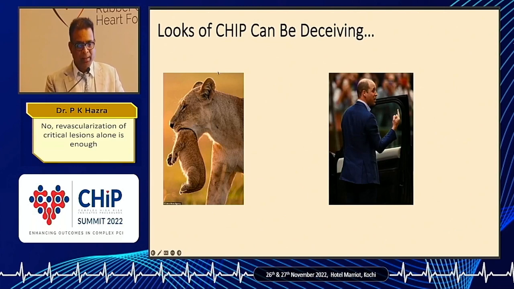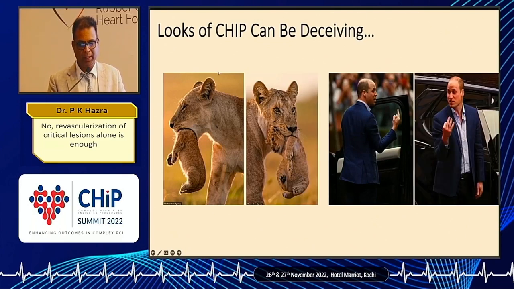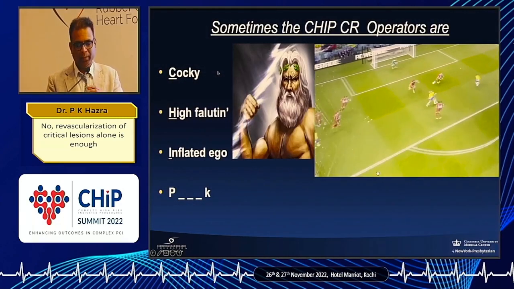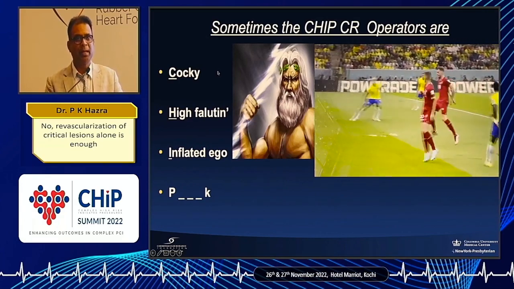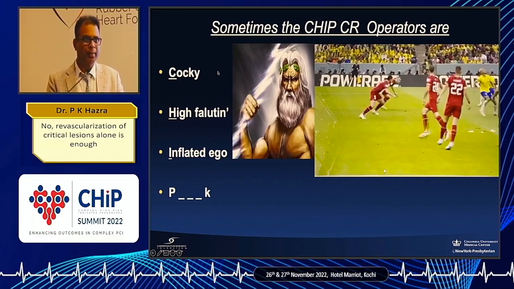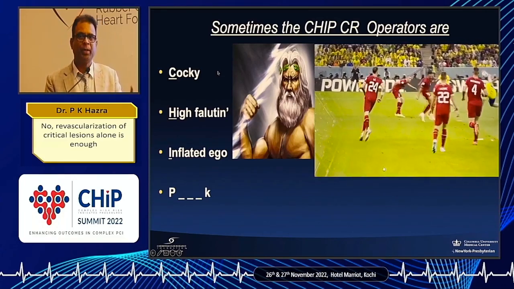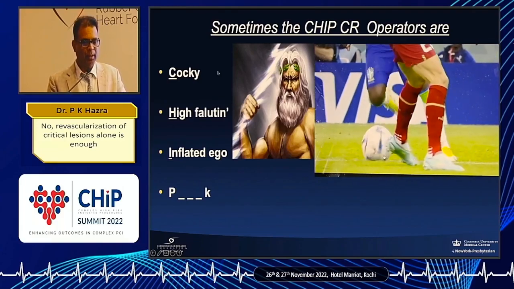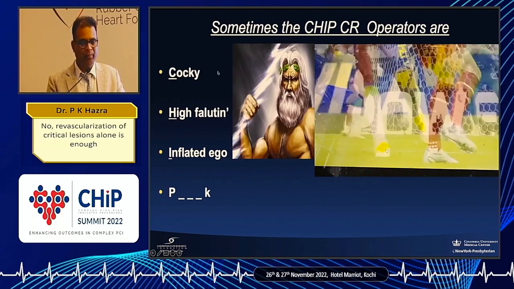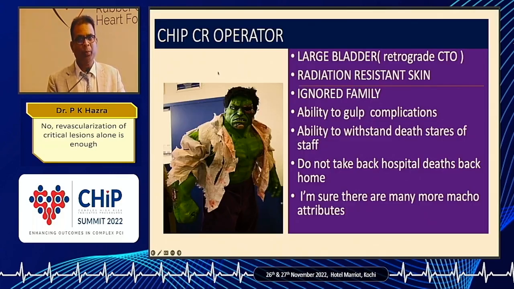Looks do matter. The looks of a CHIP can be deceiving. The perspective of complexity can be such that a simple can be a complex. And you know, the day before yesterday, the goal was scored by Brazil. Somebody can do retrograde CTO better than antegrade CTO. Somebody can score in reverse. But these people are cocky, highfalutin, and have inflated egos. Who are these CHIP complete revascularization operators?